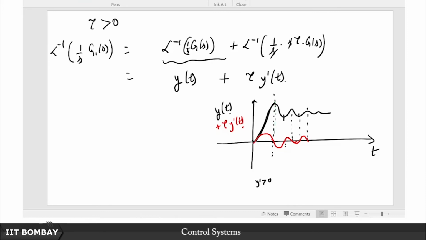So this is the overall effect, this is y plus tau y dashed. Notice that at the peaks and the troughs the curves will intersect. Why? Because at those points y dashed is equal to 0. So it is as if the effect of the 0 is not to be seen at the original peaks and troughs of the natural second order system.